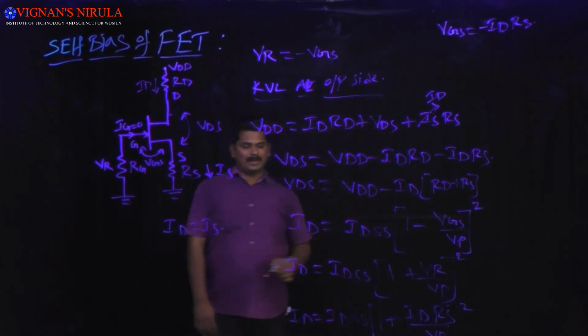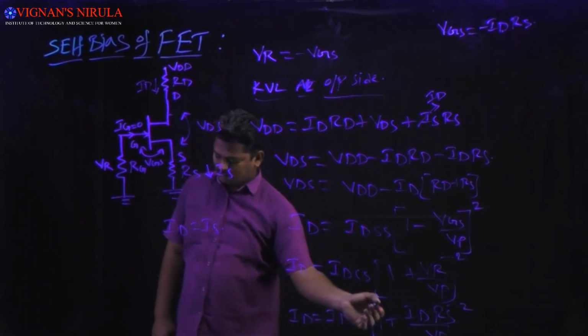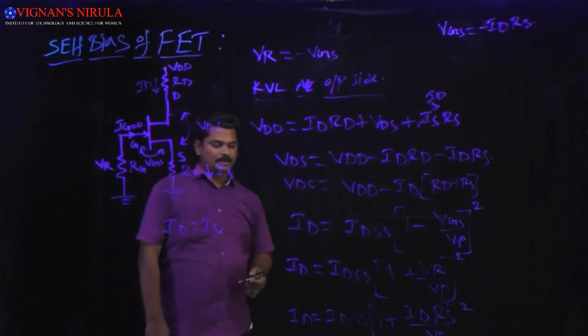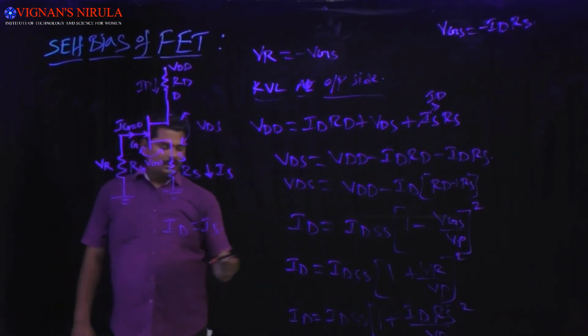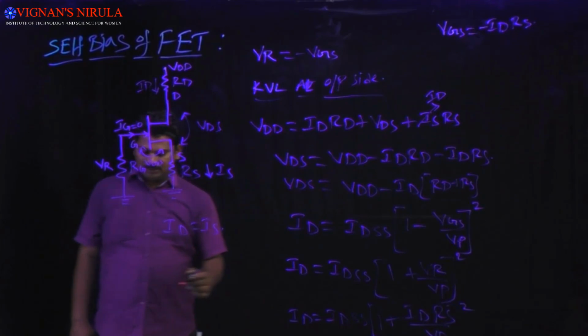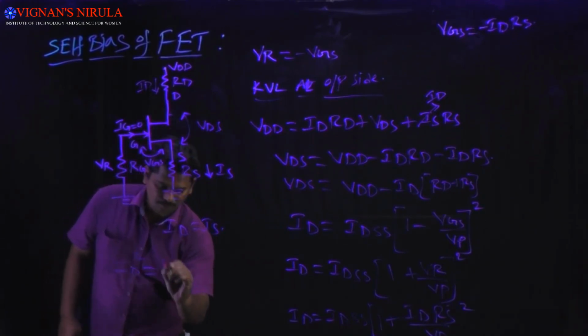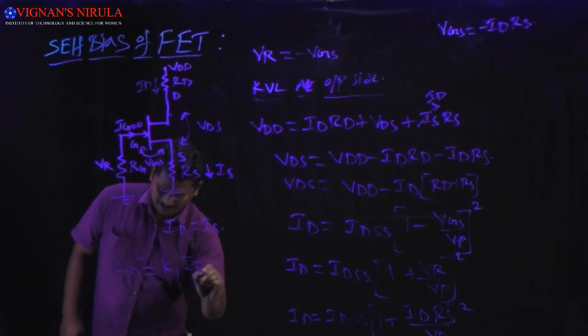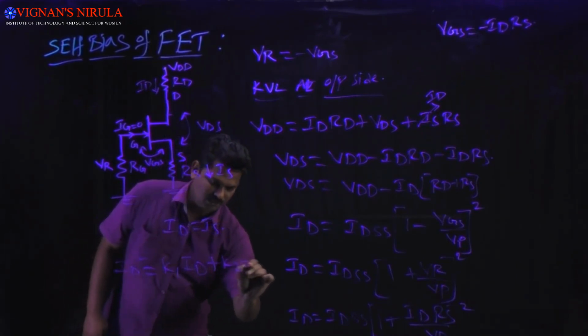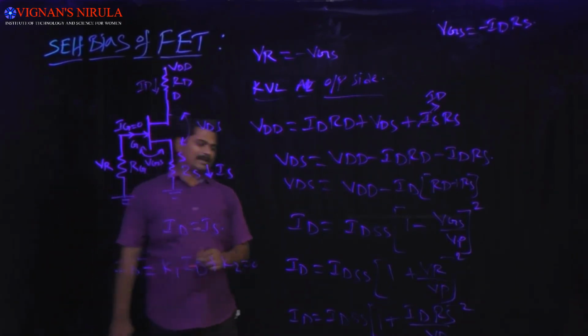So if you analyze this equation, the solution we get is ID square plus K1 into ID plus K2 is equal to 0. How are we getting this equation?